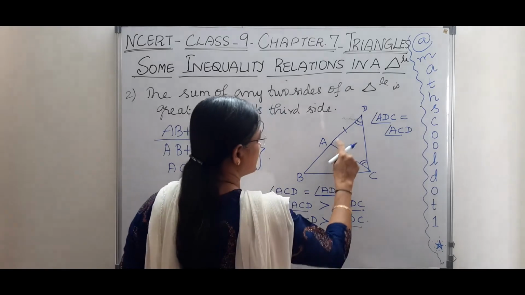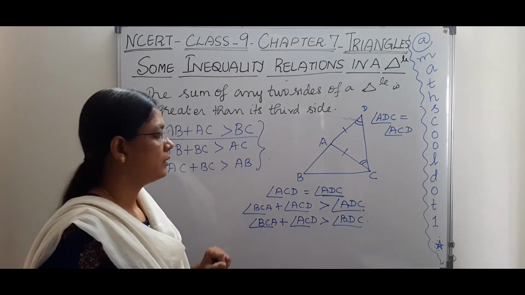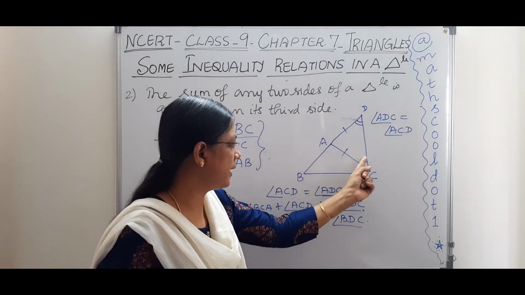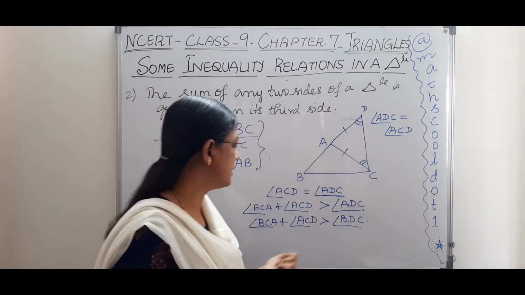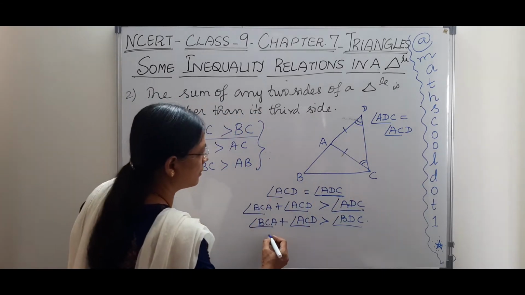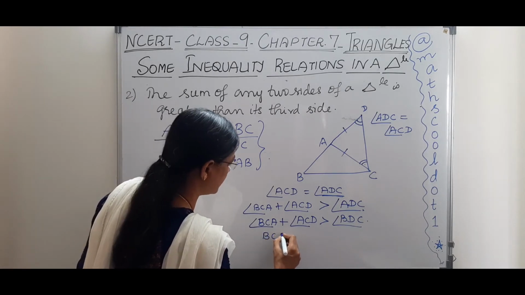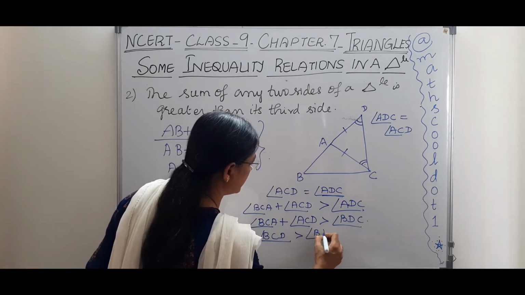Now what is the angle BCA plus ACD totally? That becomes BCD. Angle BCD is greater than angle BDC.